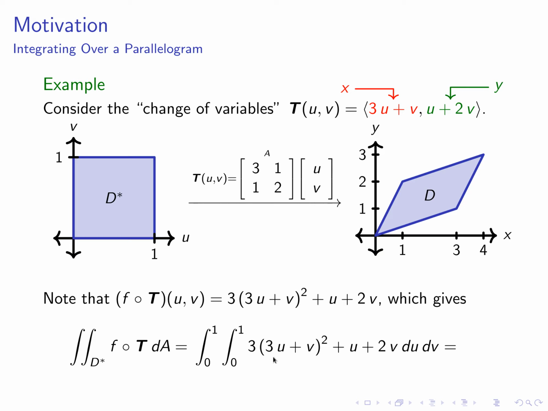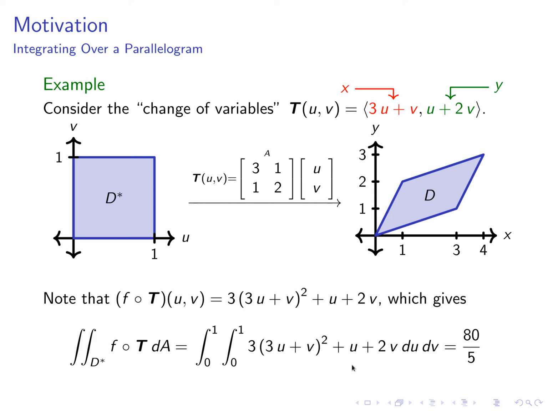And now, instead of needing 3 different iterated integrals, we're simply integrating du dv, where both variables range between 0 and 1. And when we do all the calculus here, here's the answer we get. We end up with 80 divided by 5.